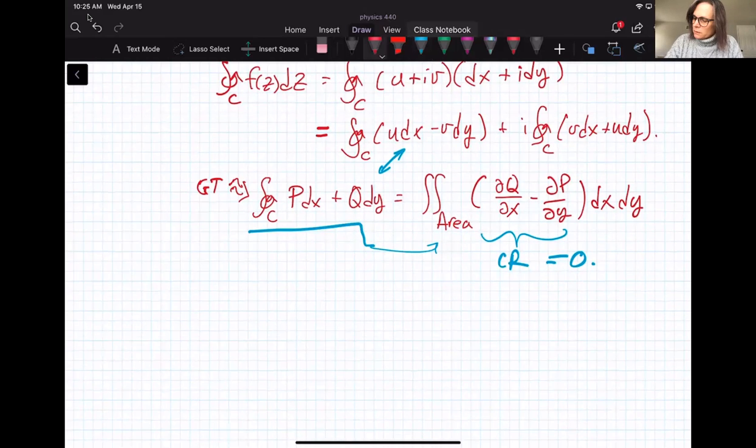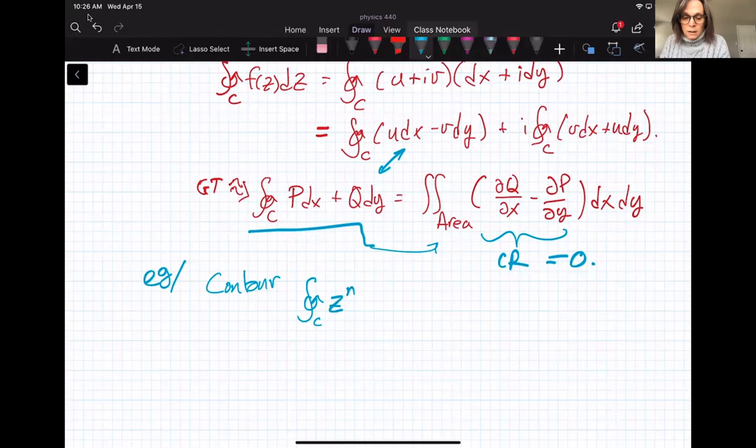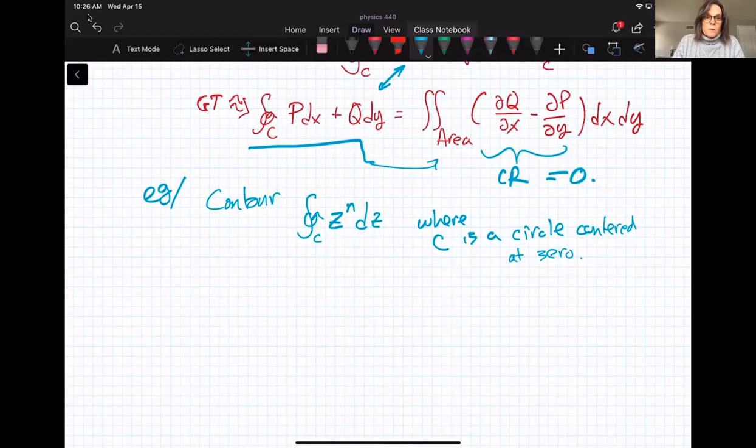So let's look at another example. Let's consider the contour integral over the contour c of the function z to the n dz, where c is a circle centered at 0. One way to do this is to go back to our definitions for z.